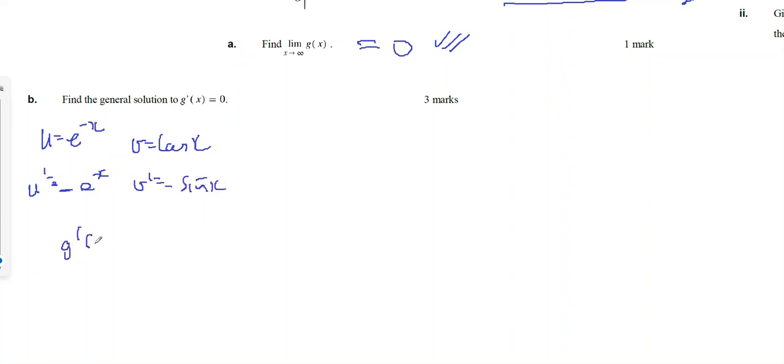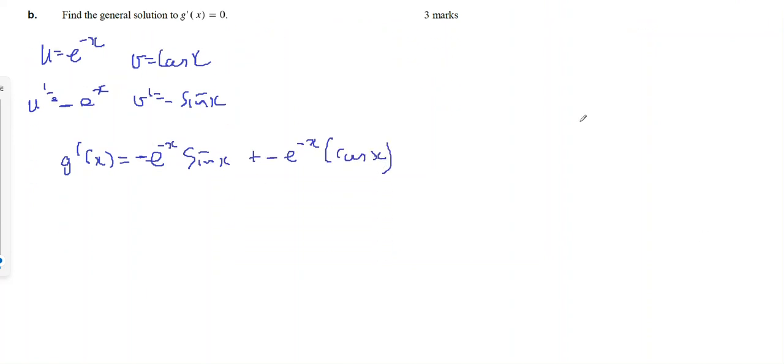So g dash of x is going to equal e to the minus x times negative sine of x plus negative e to the minus x times the cos of x. Taking out a common factor of negative e to the minus x gives me sine of x plus cos of x.